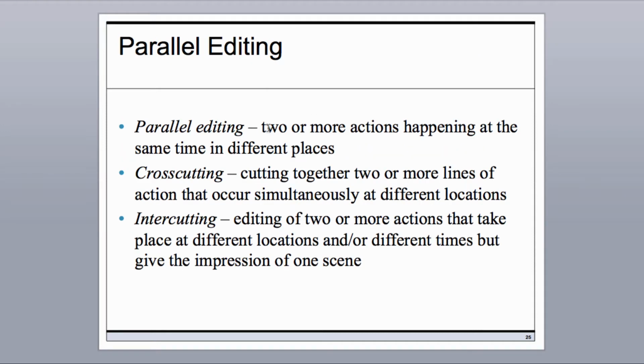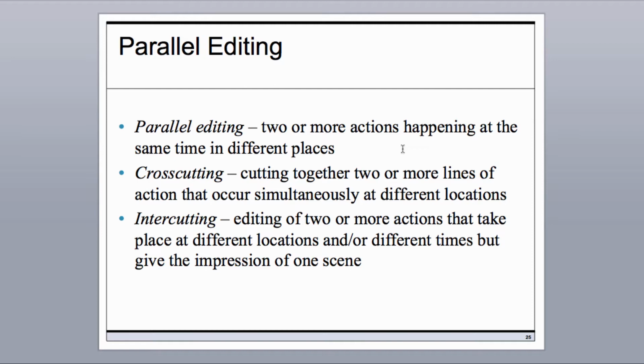Parallel editing is where two or more actions are happening at the same time in different places. If you watch the baptism scene from The Godfather, the main location is where Michael Corleone is becoming a godfather for the first time in a Catholic church. But they change locations to show other people doing other acts, all violent, while the baptism is occurring.